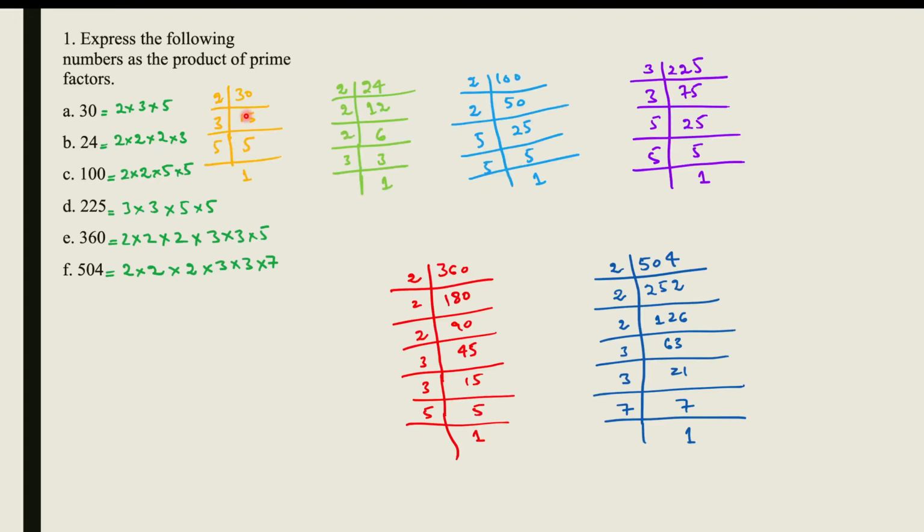Now the factor 15, we try again with 2, but we get a non-whole number, something around 7.5, which indicates that it's not completely divisible. So we try the next prime number, which is 3. 3 multiplied by 5 is equal to 15. It's completely divisible.